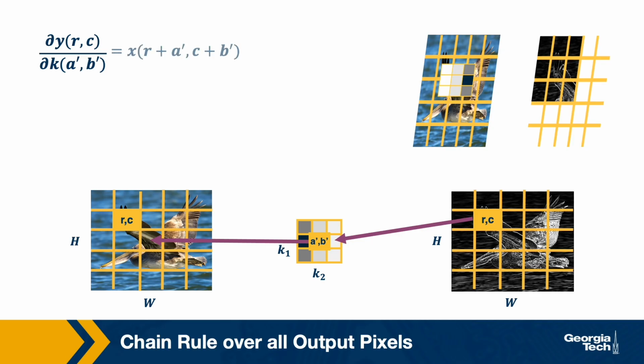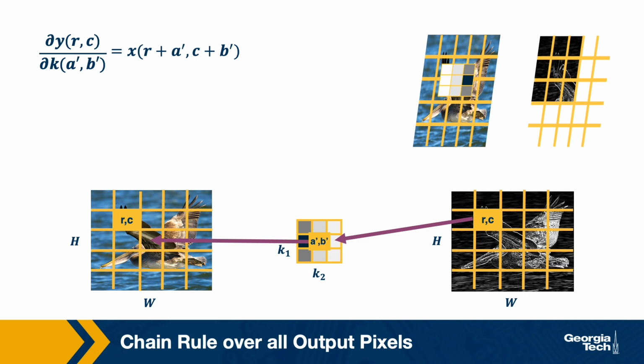It's x of r plus a prime comma c plus b prime. So when we're looking at the output pixel r comma c and an arbitrary kernel pixel a prime comma b prime, the input pixel it gets multiplied by, and hence the derivative, is x of r plus a prime comma c plus b prime.